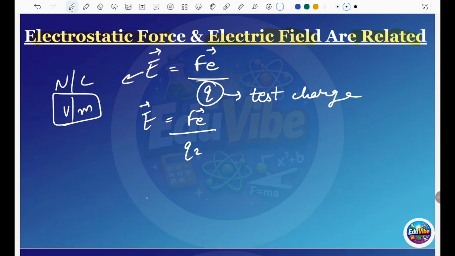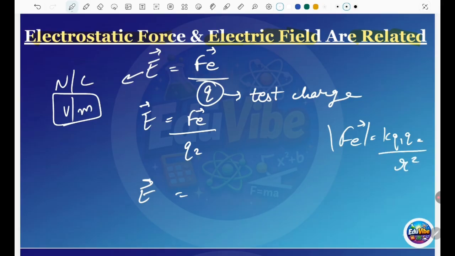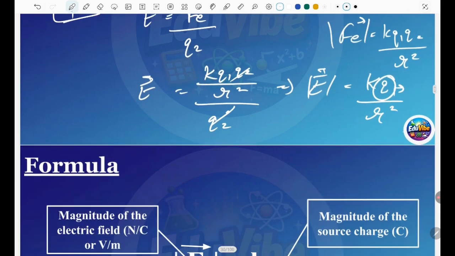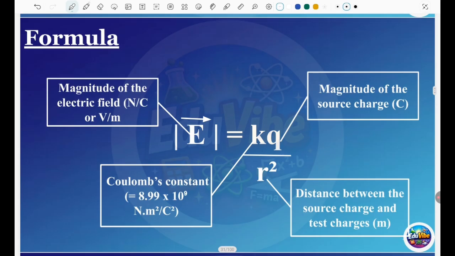And Fe is equal to what? We all know from the previous lessons that F is equal to this, so we put this over Q2. Q2 cancels out. What we get is kQ1 over r squared. Now Q1 is our source charge. From here we get the formula for the electric field.